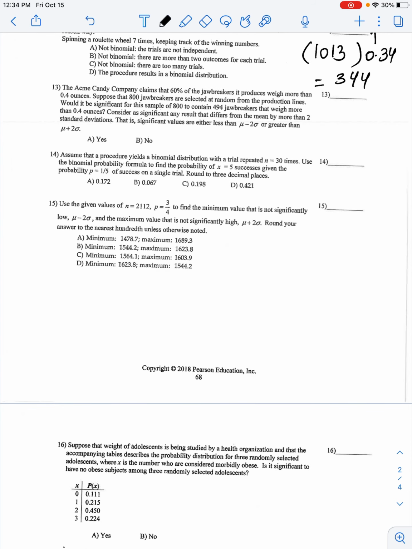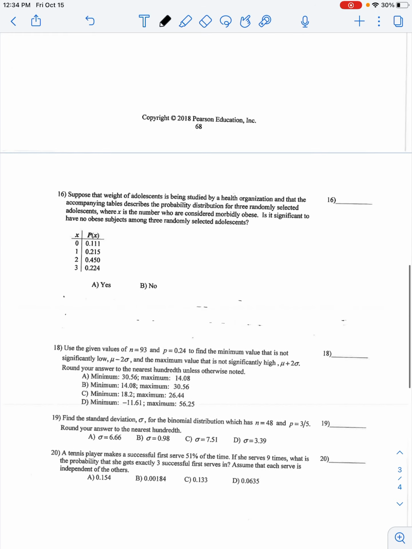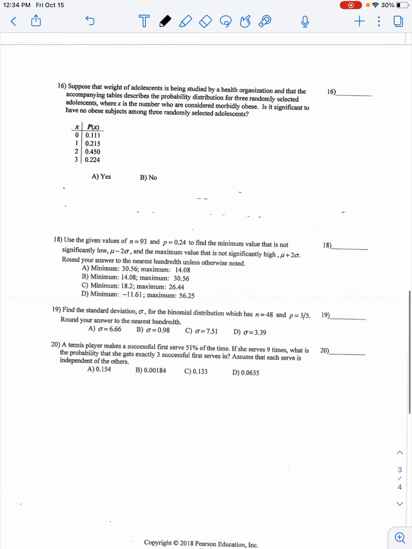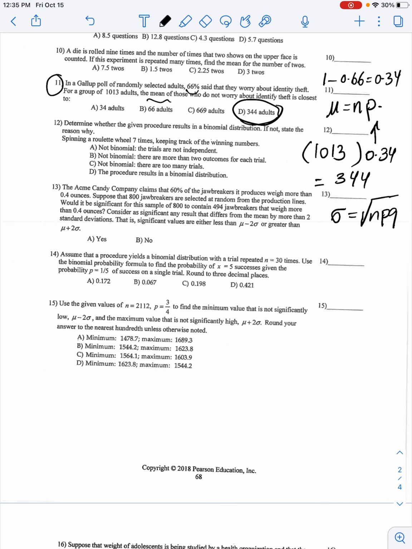Let's do another one. Remember the formula to find mu is n times p, and to find sigma of binomial is the square root of npq. And q is 1 minus p.